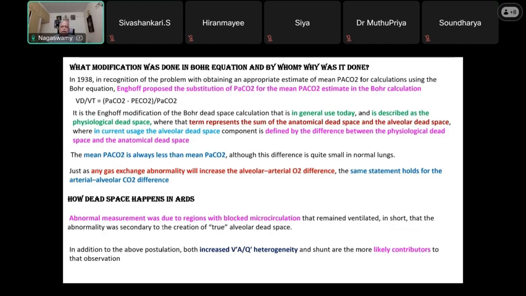And that is the reason why we are using our circle system. What is the concept of circle system anesthesia, where we remove the carbon dioxide and reuse the exhaled air, because the anatomical dead space air is as good as your fresh air or the non-used air.